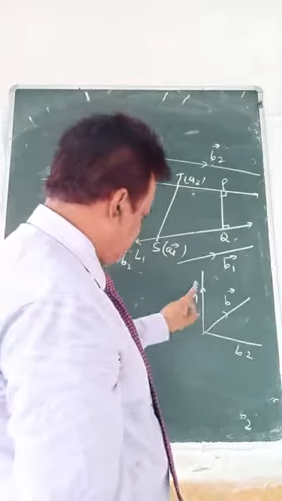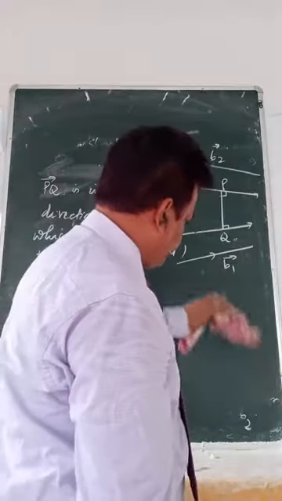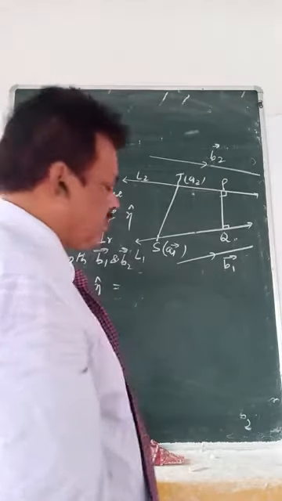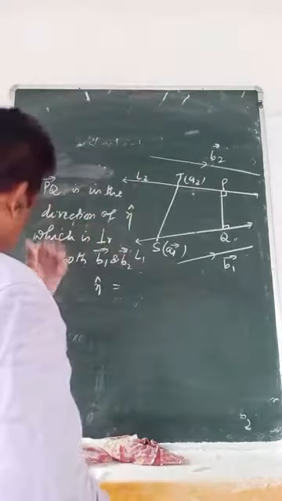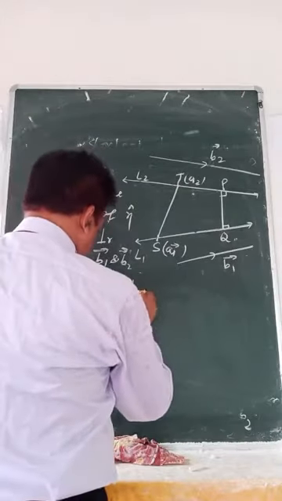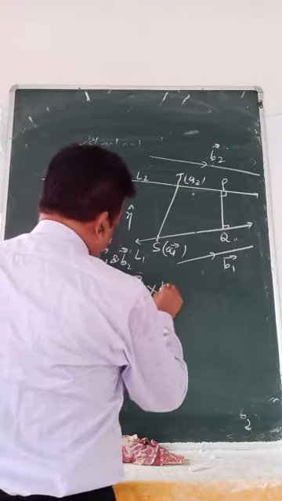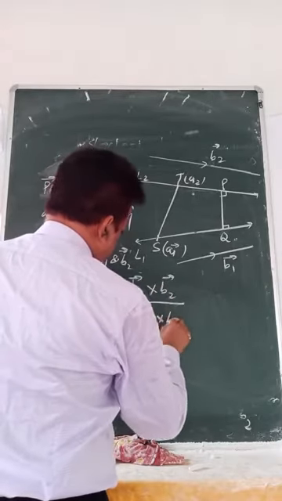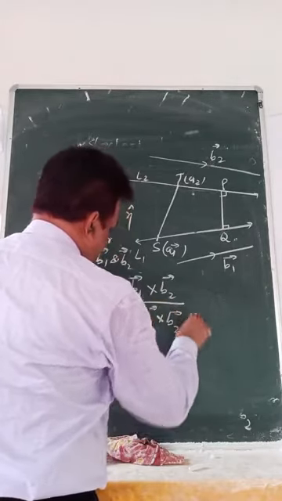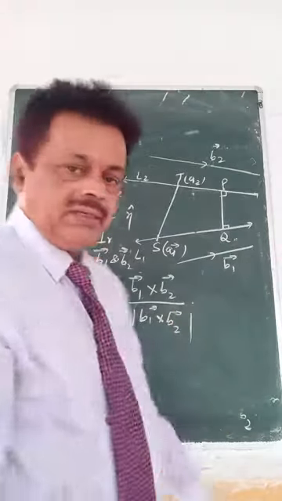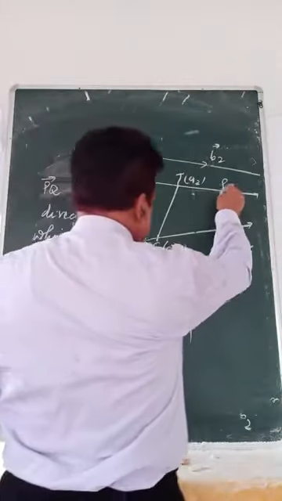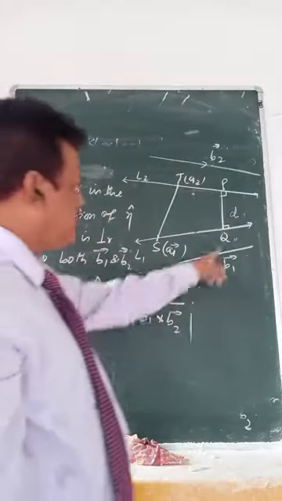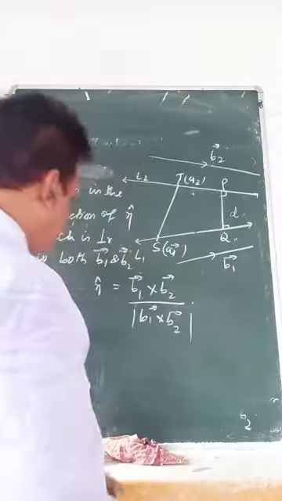So what was its formula? That was N cap equals B1 cross B2 by modulus of B1 cross B2. This you have studied in the vector chapter. If I say this distance is D, then what will be PQ?